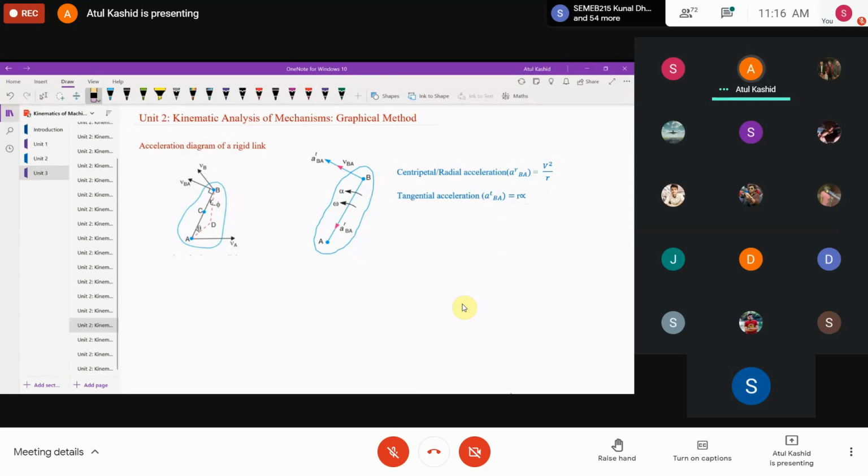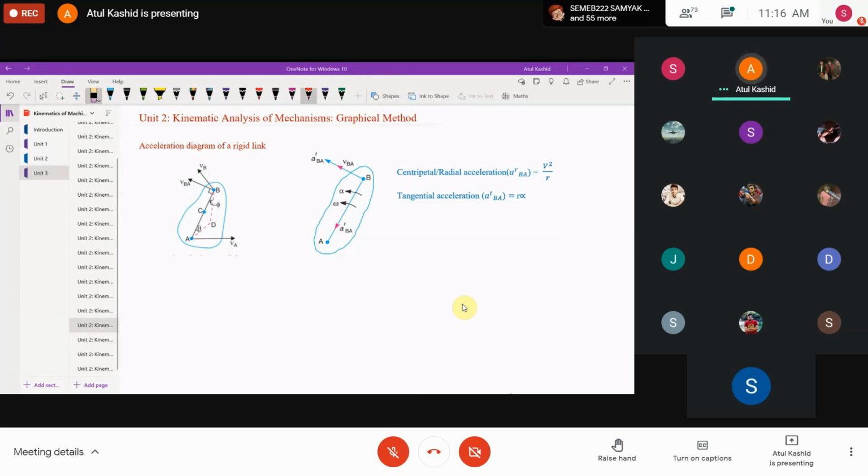Now what we'll do, we'll draw the velocity diagram and the acceleration diagram for these links, right? To the left, I have taken one rigid link, and to the right, I have taken one rigid link. We'll try to draw the velocity diagram first, and then the acceleration diagram for the given link. When we start drawing the velocity diagram, I told you during the numericals that the very first step is to identify the fixed point, right?